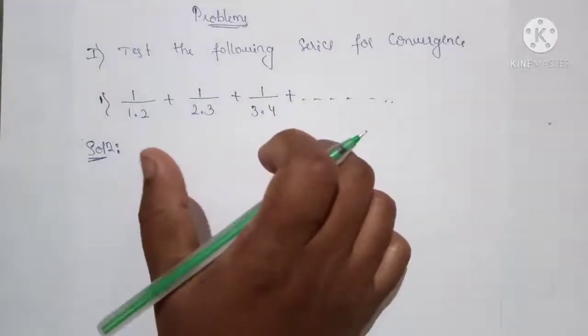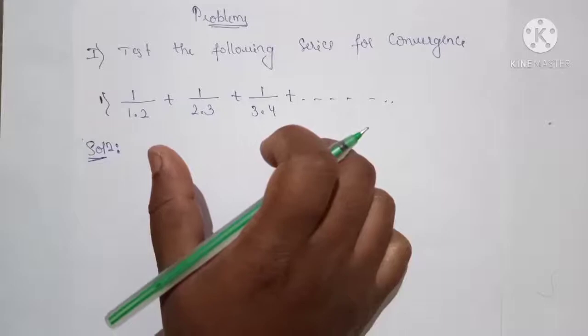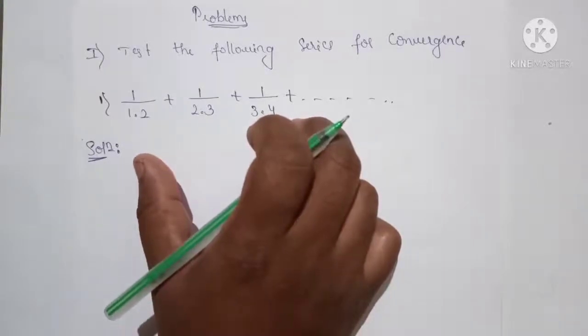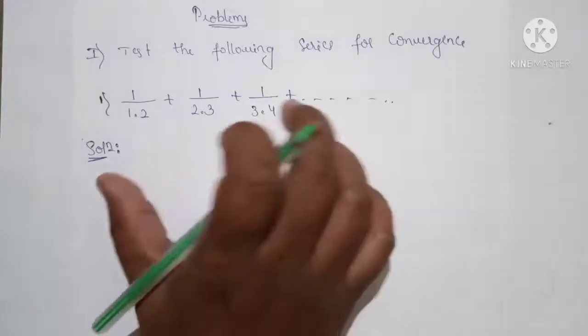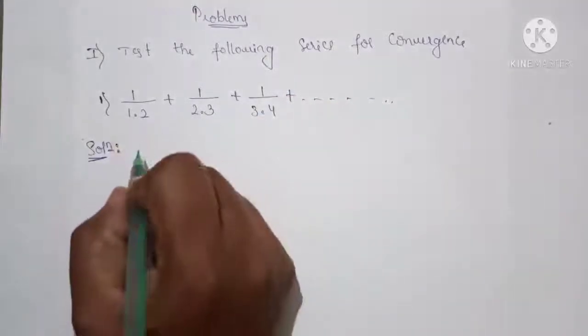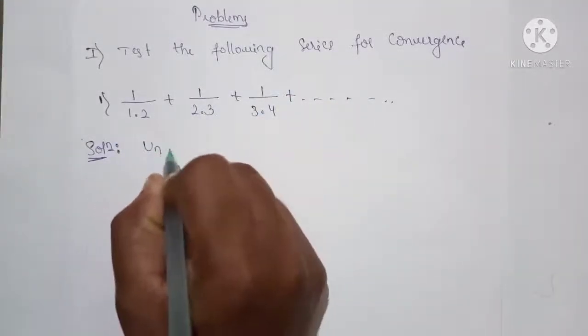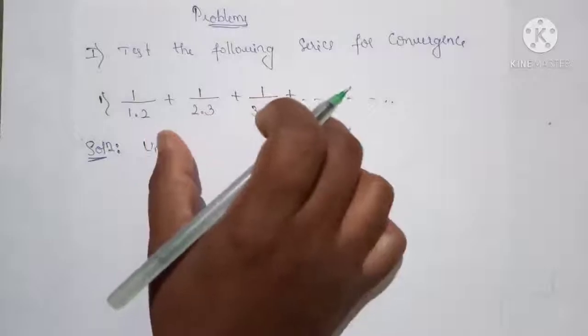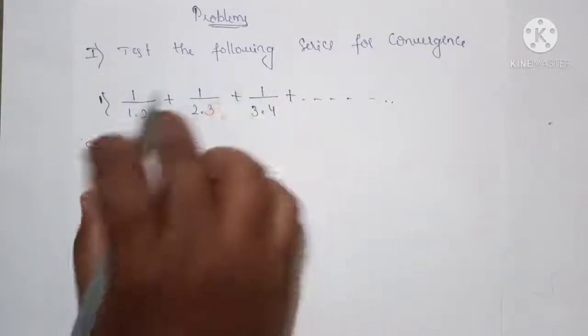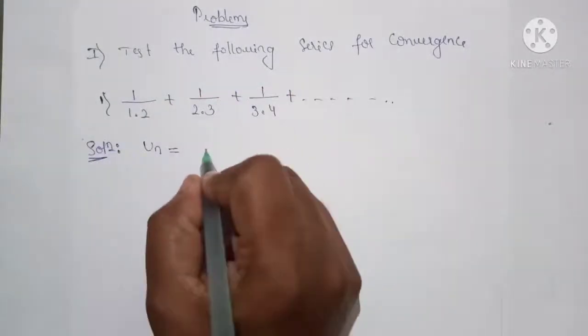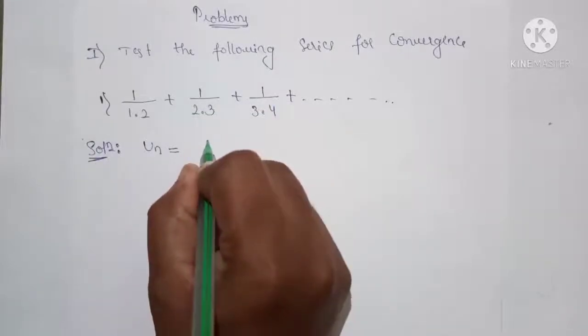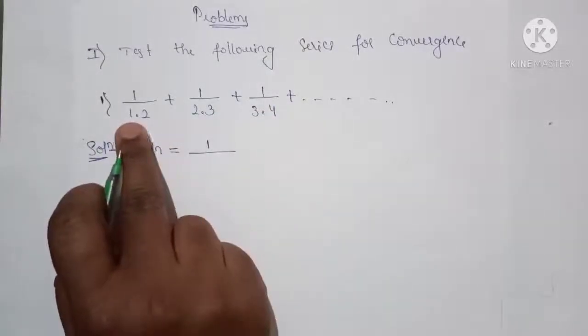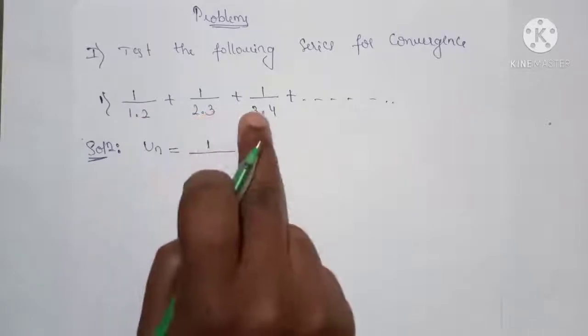In this, first we should become familiar with writing the un term. After practicing some series, you will get the idea of writing un. So un means the nth term of the given series. You can observe that the numerator is 1 in all the terms, therefore we write 1. In the denominator we have 1 into 2, 2 into 3, 3 into 4.